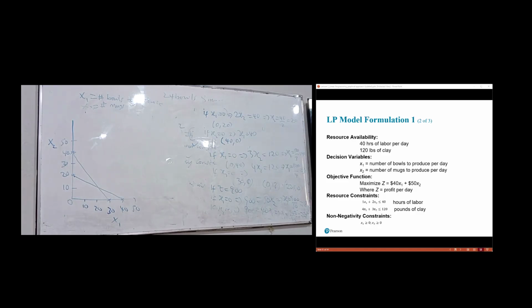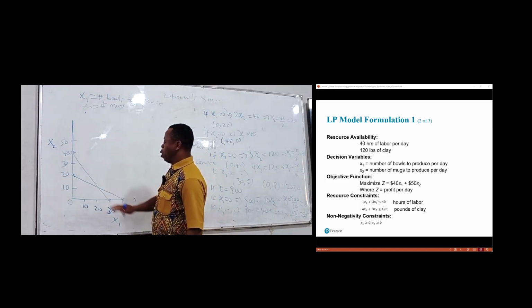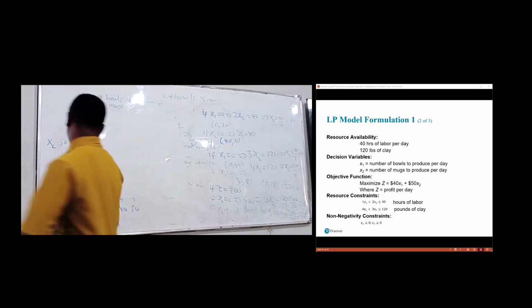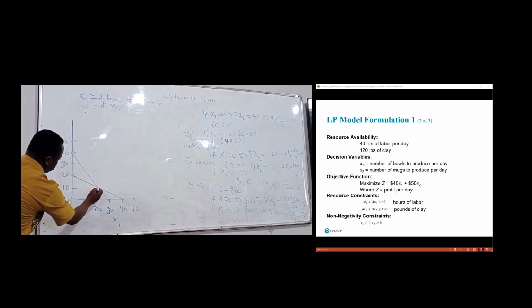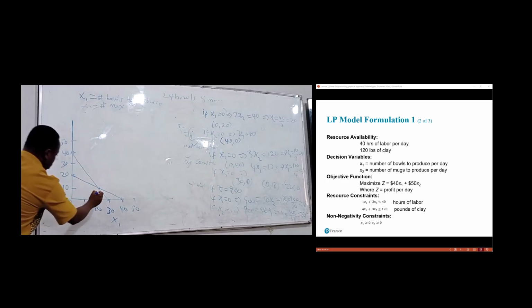The feasible region is the area below the intersection of the two lines. See where they intersect. This is the intersection.